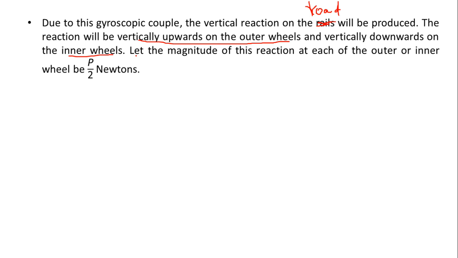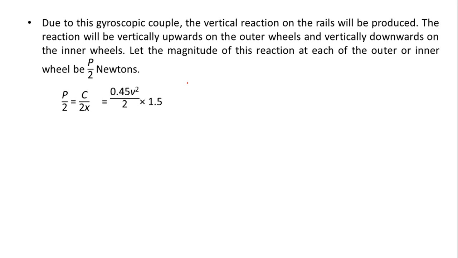Let the magnitude of this reaction on each outer wheel or inner wheel be P by 2 Newton. So that is equal to net gyroscopic C by 2x numerically. C by 2x, P by 2 equal to C, because C equal to P into x. So P equal to C by x, P by 2 equal to C by 2x. So put all the values.